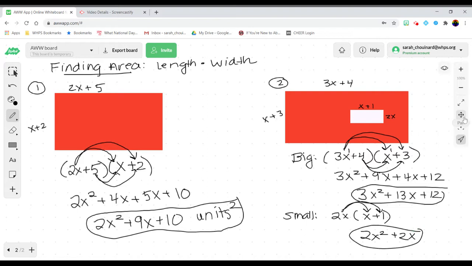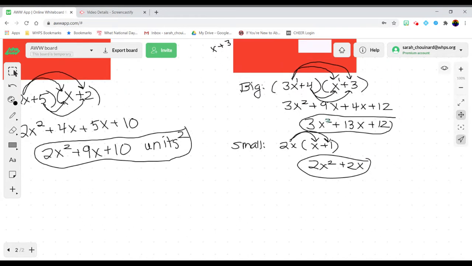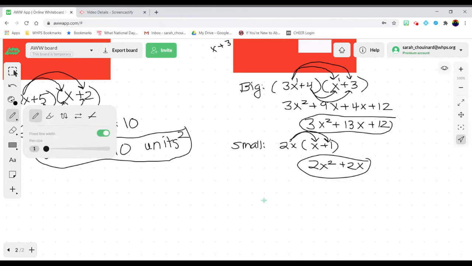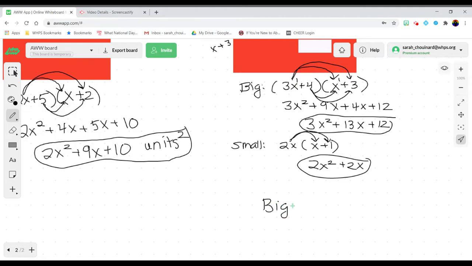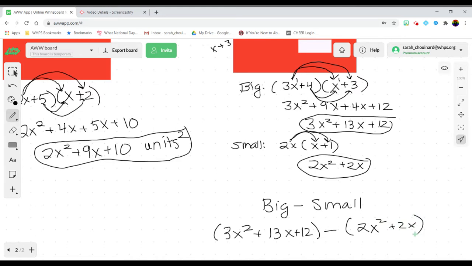So to find my total area of the red, I'm doing big minus small. And we've got to set this up carefully. So 3x squared plus 13x plus 12, take away, in parentheses, 2x squared plus 2x. You want to make sure you use the parentheses because we're subtracting this whole binomial from this polynomial.